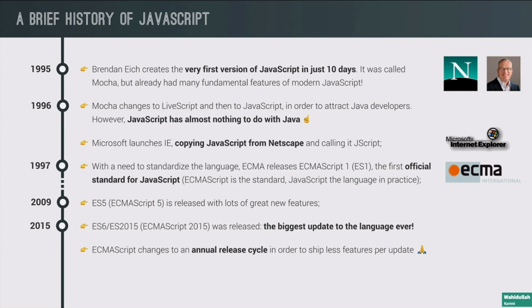The reason for that is that they prefer to just add a small number of new features per year instead of shipping a huge new version every couple of years like it happened with ES6. And so this way, it's going to be much easier for everyone to keep up to date. And so according to this new annual release cycle, in 2016, ES 2016 or ES7 was released, ES 2017 in 2017, and like this, it will continue until the end of time, or something like that.